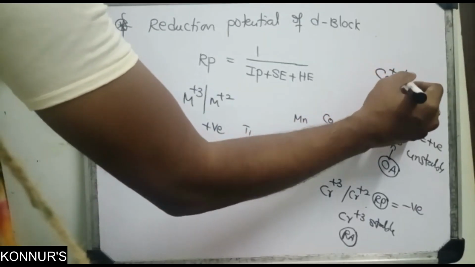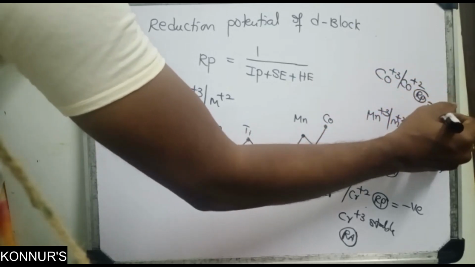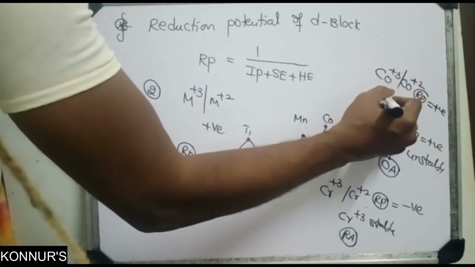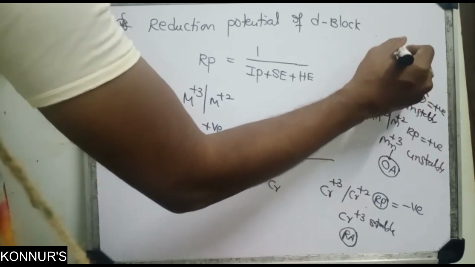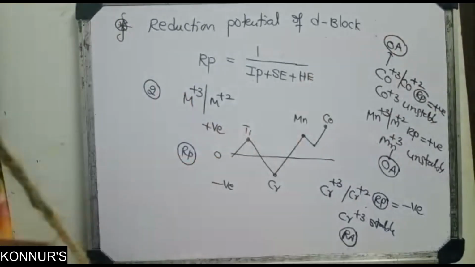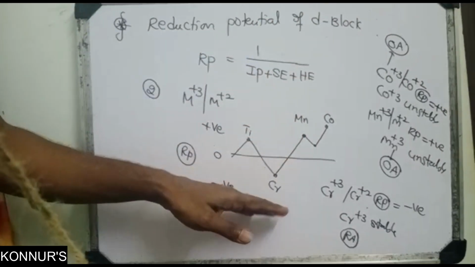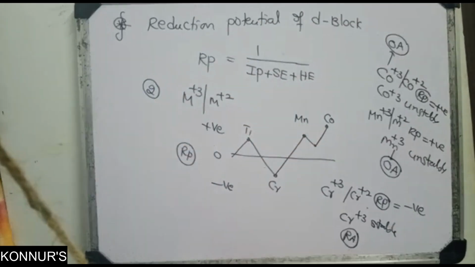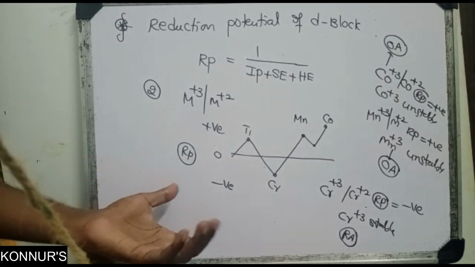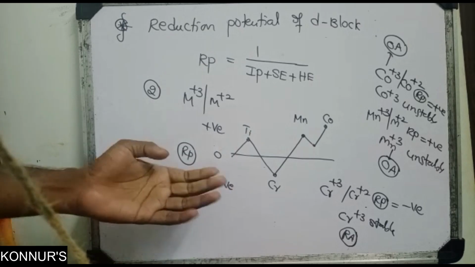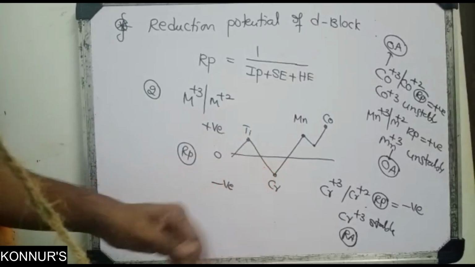Cobalt +3 is converted into cobalt +2, the reduction potential is positive, so Co+3 is unstable and is an oxidizing agent. A positive value means oxidizing agent, a negative value means reducing agent. Always remember, the one with the highest negative value is the most stable compared to all the ions.